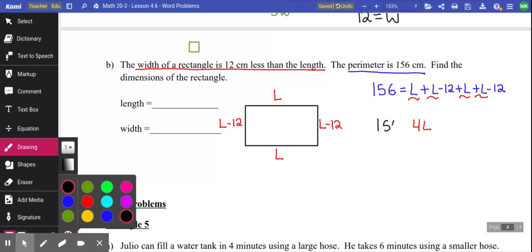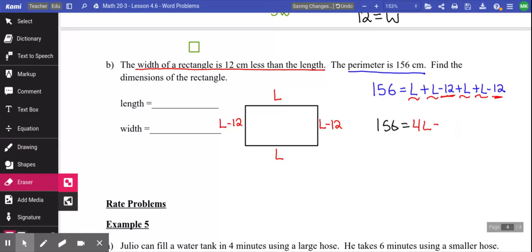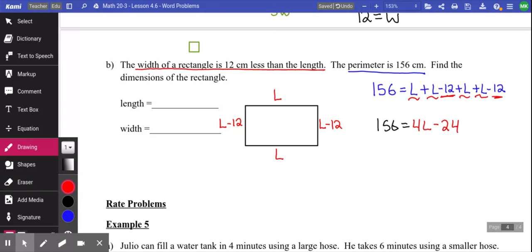So I have 156 equals 4 L's. I then have a minus 12, a minus 12. Those collect to be minus 24. Funny looking 24. Let me fix that. Awesome. And you can see we built this equation that we can now solve.